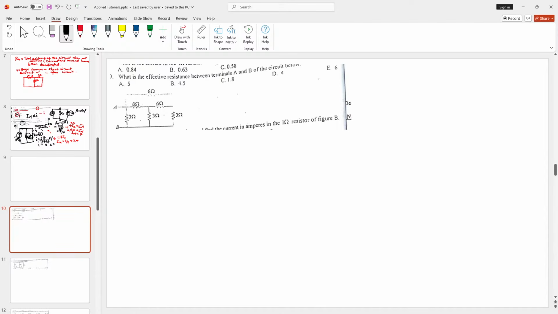So our next question is asking us to find the effective resistance between terminals A and B. Now let me deepen this one so that you see it very well. Between terminals A and B of this circuit, we are supposed to find the effective resistance.